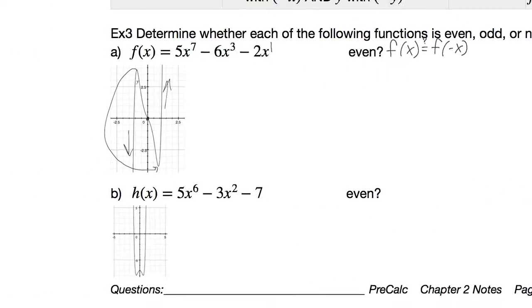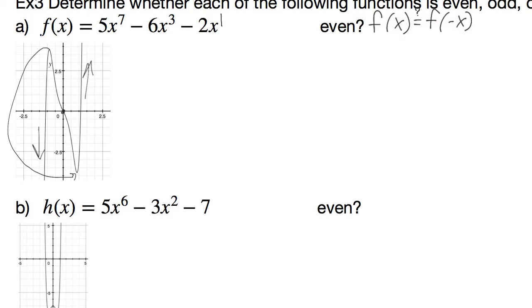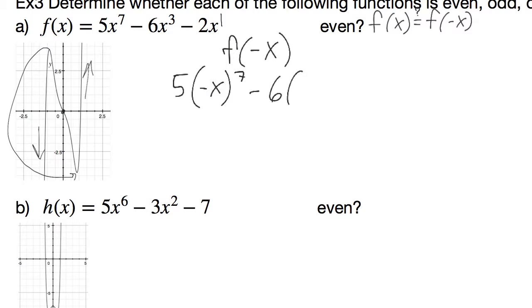Well, we know what f of x is. Let's figure out what f of negative x is. F of negative x is going to be 5 times negative x to the 7th minus 6 times negative x to the 3rd minus 2 times negative x.